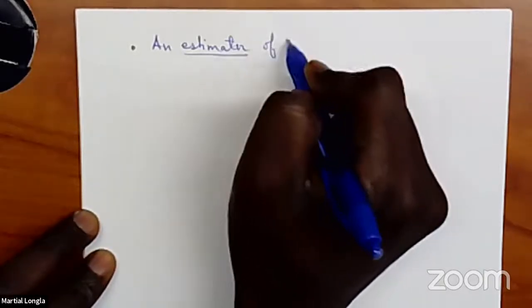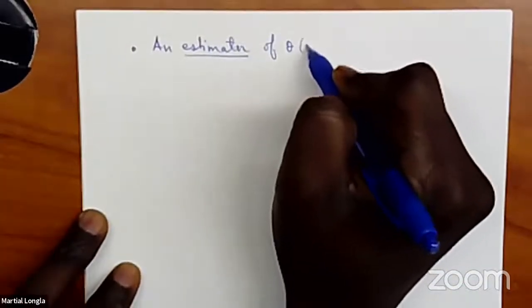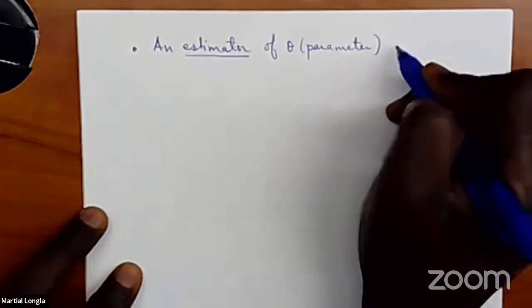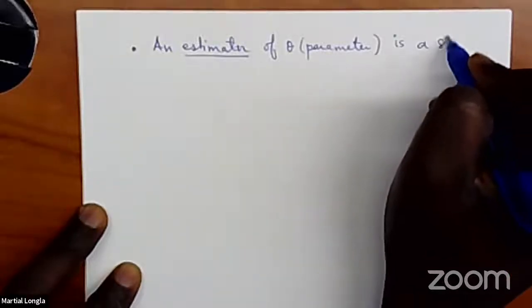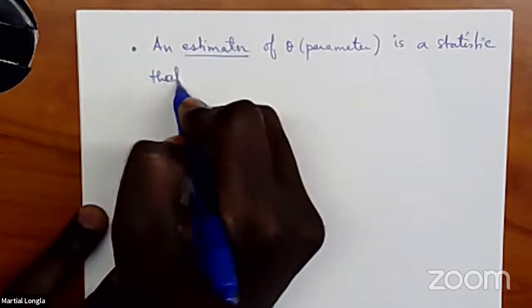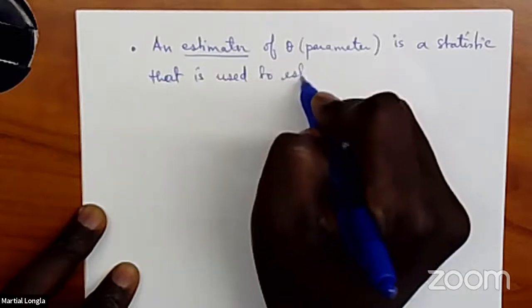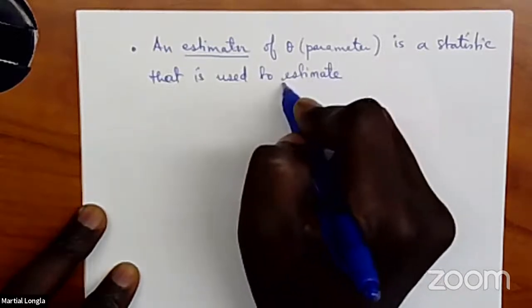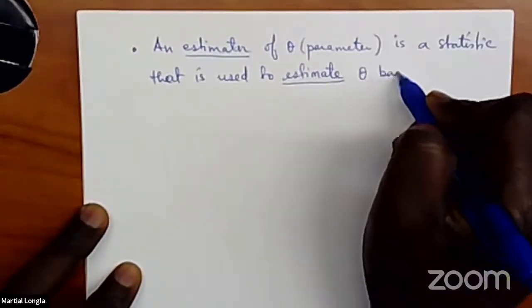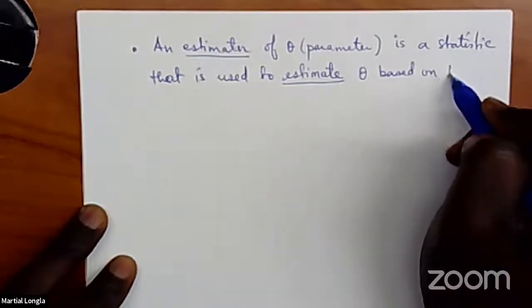An estimator of theta, which is called the parameter, is a statistic that is used to, new word but friend, estimate, right, based on the data.